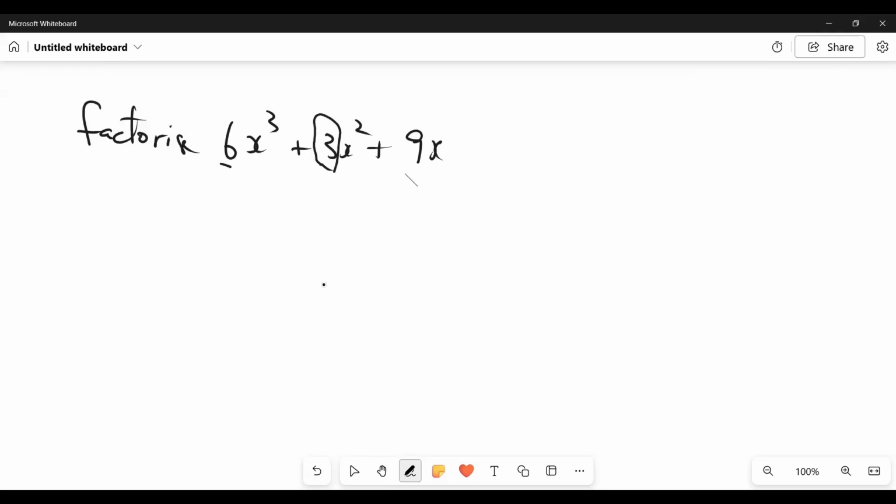And then you find the HCF of x cubed, x squared, and x, and you can see that it's x. So your highest common factor is going to be 3x, right? Then you divide this by 3x, and you get 2x squared. You divide this by 3x, you get x. And you divide this by 3x, and you get 3, right?